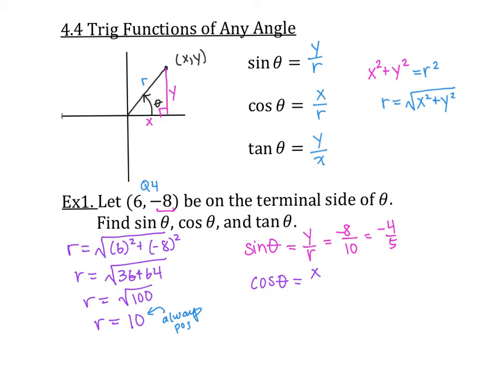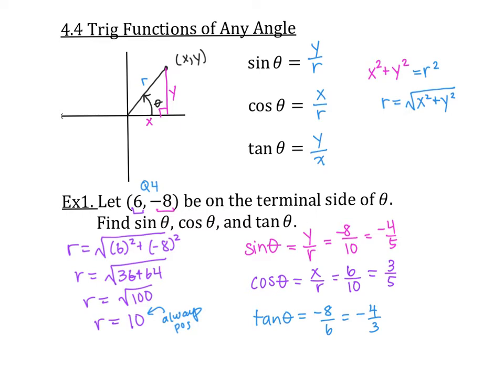Cosine is x over r, and my x coordinate is 6, and the r I found to be 10, and then when I simplify that, I do get 3/5. And then tangent is the y over the x, just like it is on the unit circle. I didn't even need the r for that. This simplifies to negative 4/3.